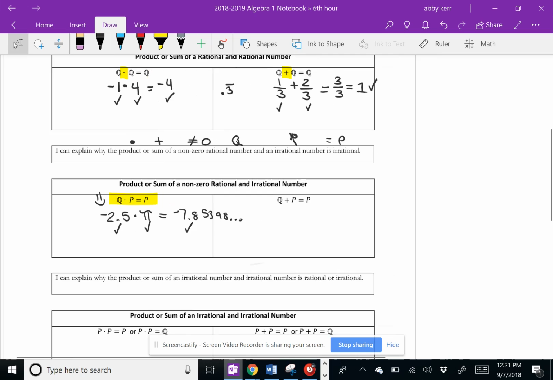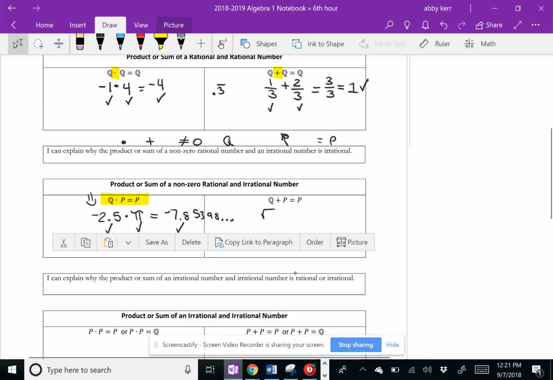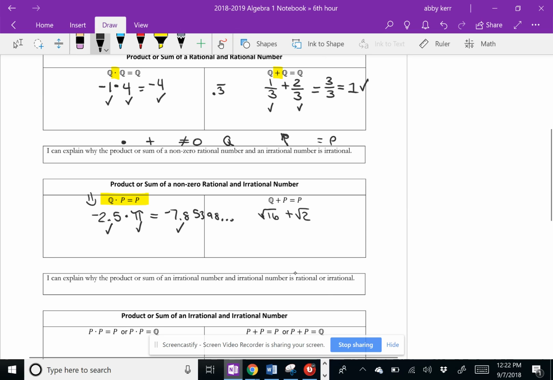For the following property, Q plus P equals P, once again, come up with any rational number that you want. So I'll do the square root of 16 plus the square root of 2 and see what that gets us.